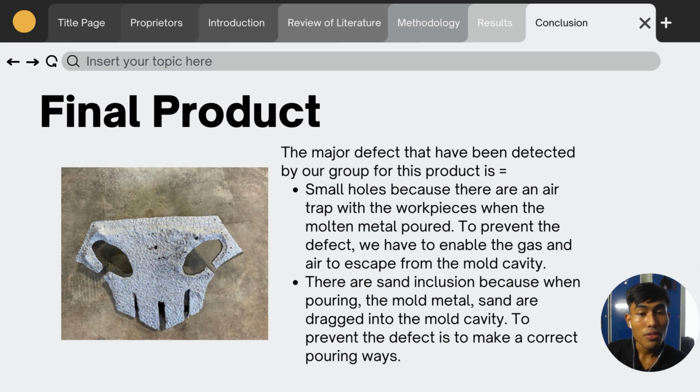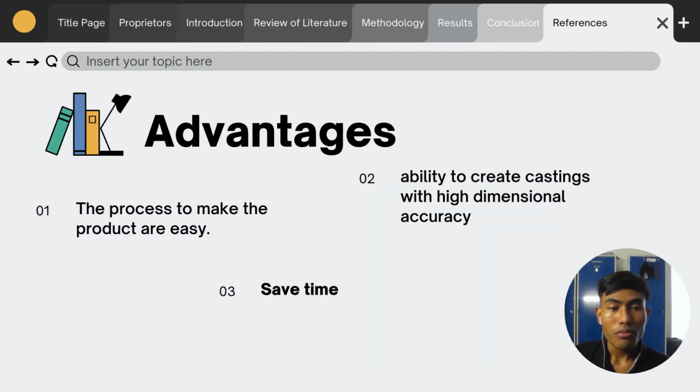To prevent the defect, we have to enable the gas and air to escape from the mold cavity. Okay, for the second defect, there is sand occlusion, because when pouring the molten metal, sand is dragged into the mold cavity. To prevent the defect, we have to use the correct pouring method. Okay, that's all. Thank you.